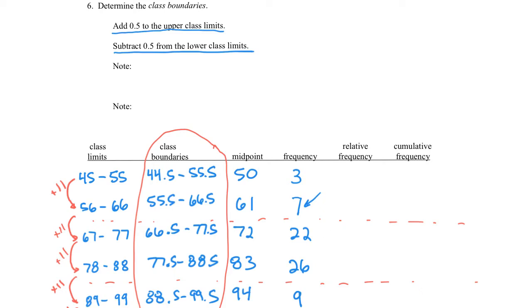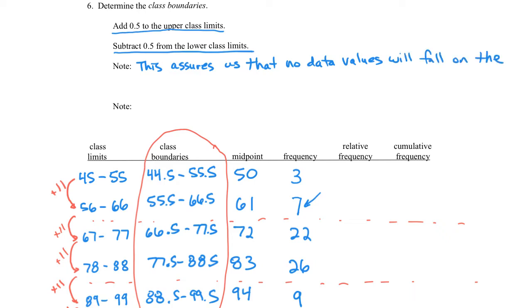Okay, so there's a couple of notes here. These notes will make more sense when we actually make our first histogram. But for now, we can say this. The first note is, this assures us that no data values will fall on the class boundaries, which I talked about before.